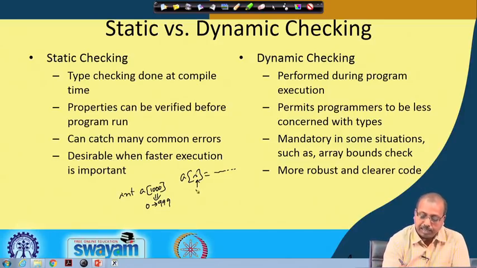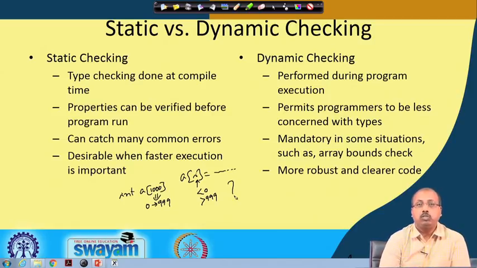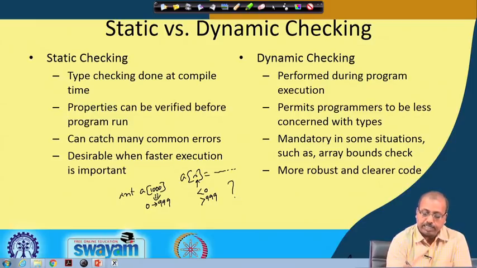Now, if the value of I is less than 0 or greater than 999, then what happens? Statically you cannot check this, because until the program has run, you do not know the value of I. So, there is no question of statically checking whether this index is within the limit or not; that is not possible.